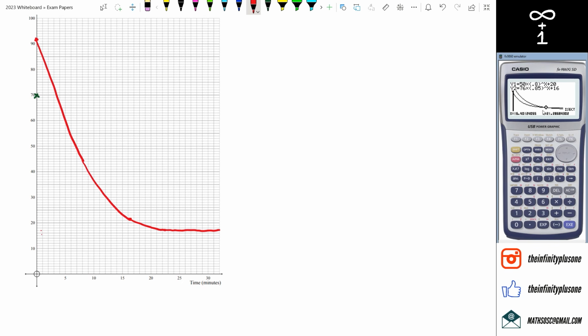Something like that. And the green one shouldn't go past 20. Something like that. That is my really ugly looking graphs there. But what I do know is this point right here is 16.4 and about 21.2 degrees.